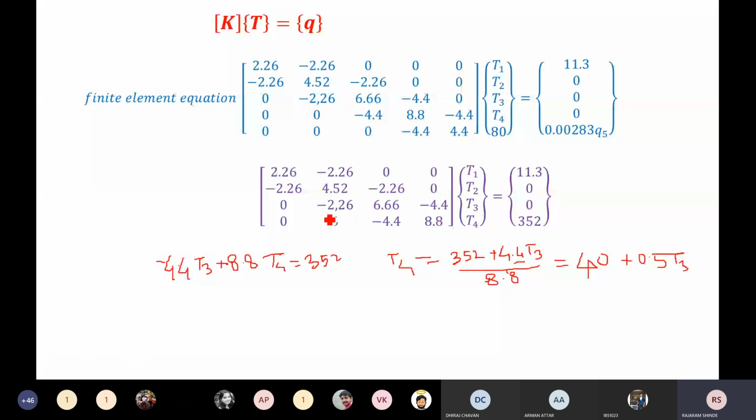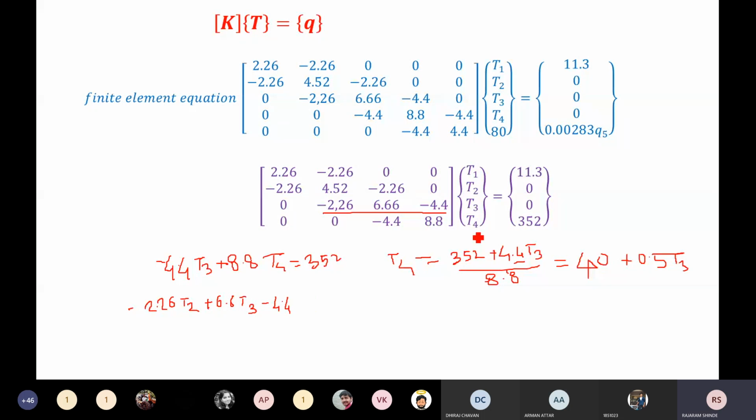Now you go to this equation. Now what you will get here? Minus 2.26 T2 plus 6.6 T3 minus 4.4.